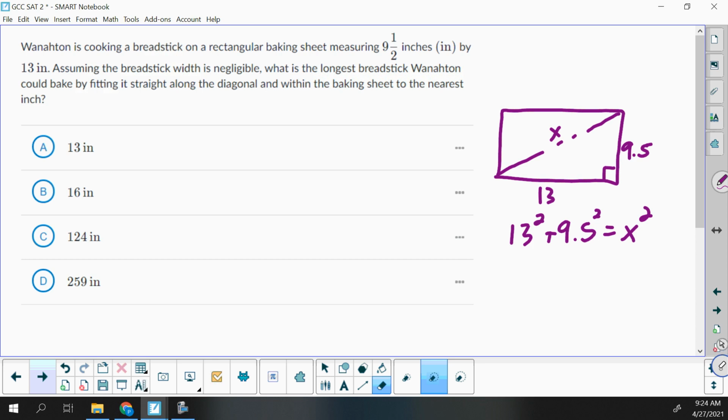And a box will pop up in a second for you to put in your answer after you have calculated it. So we should have gotten x is equal to 16.10 and change inches. So that's 16 inches to the nearest full inch, so choice B.